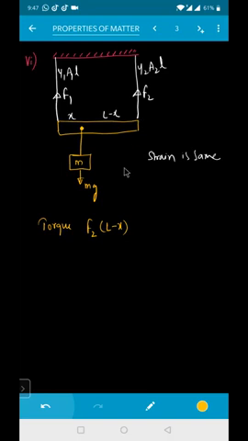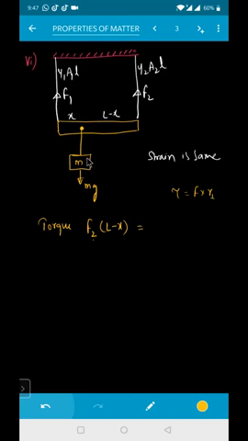Torque tau is equal to force into perpendicular distance. Force is right now F2. Perpendicular distance is right now L minus x. So for the torque, the right side must be equal to this force into perpendicular distance.